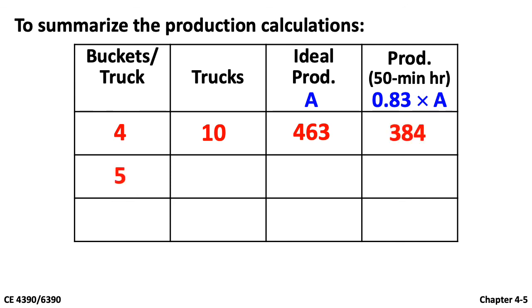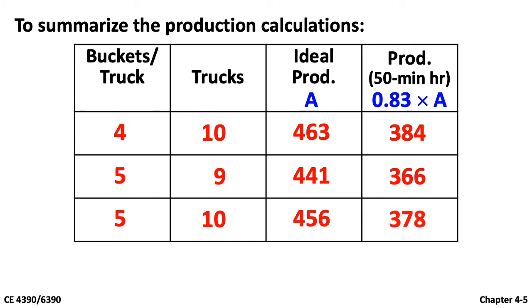With 5 buckets and 9 trucks, we got an ideal production of 441 loose cubic yards, and the adjusted production is 366. And finally, with 5 buckets and 10 trucks, we got 456 and 378 loose cubic yards. So of those 3 options, what do you use?